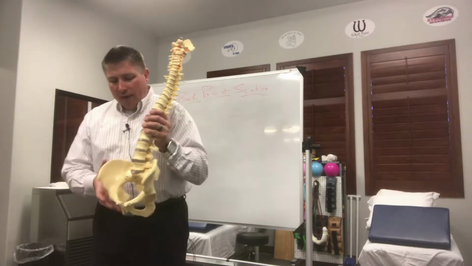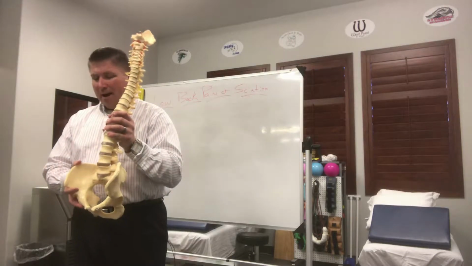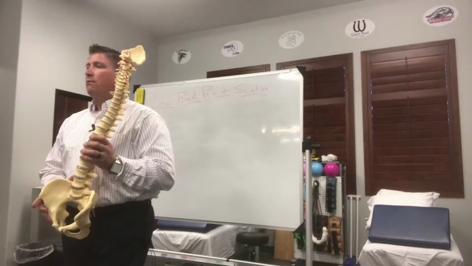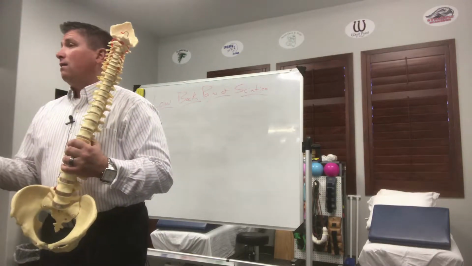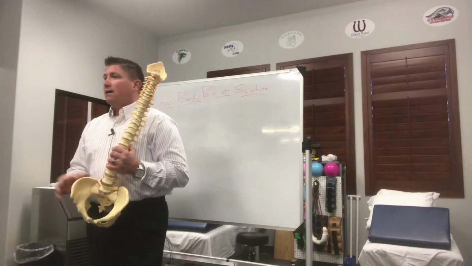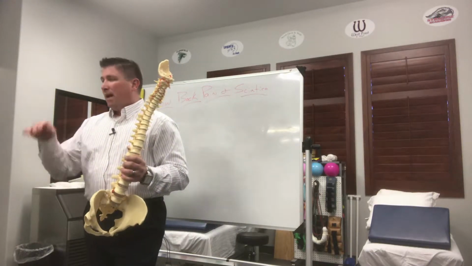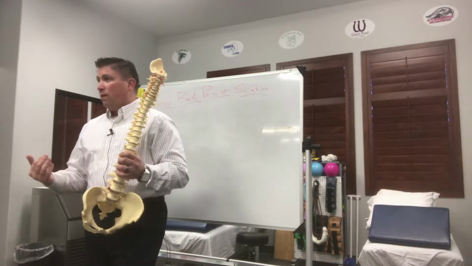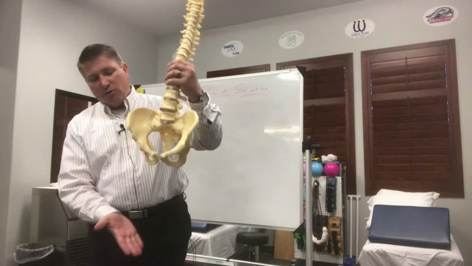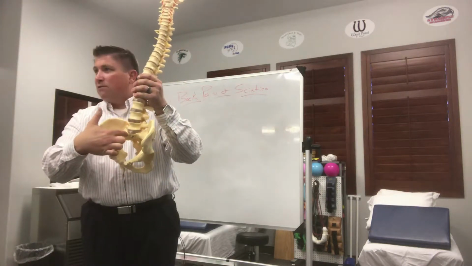So if I bend forward, I gap that joint. If I bend backwards, I compress that joint. So with an SI joint problem, we see pain a lot of times with bending backwards. Unlike stenosis or degenerative disc disease that we talked about, where you have pain in standing that goes away with sitting, typically this increases with sitting because as you sit, you're sitting on this bone right here and the weight is transferred through that joint.